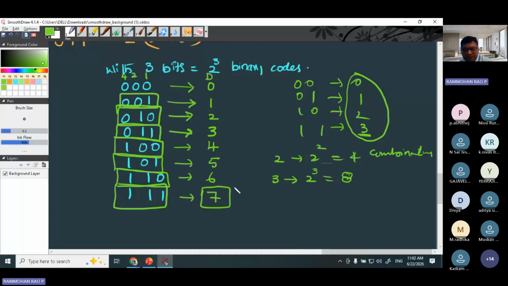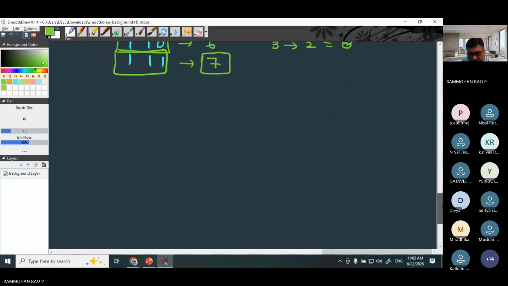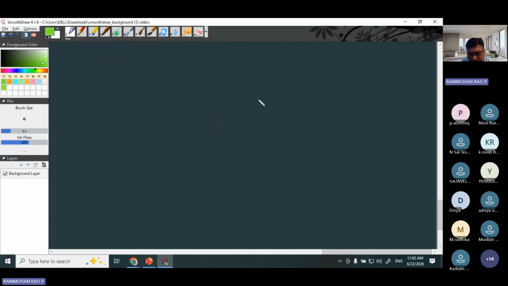7. So the point to be noted is, this is an important formula, sir. With n bits, you will get 2 power n binary codes. Or you can say, with n bits, you can represent 2 power n different numbers.